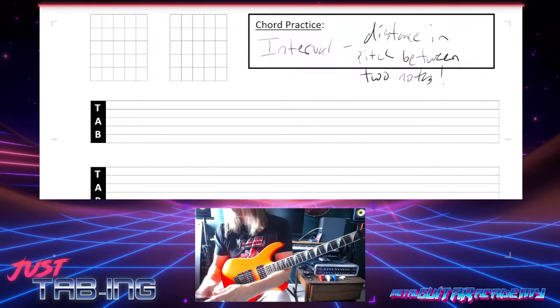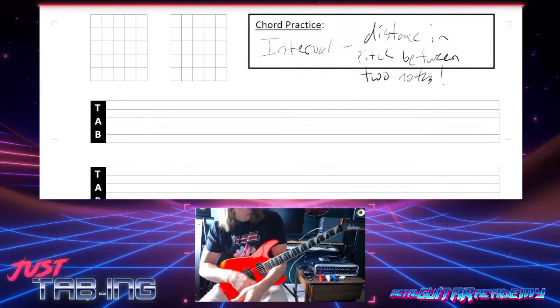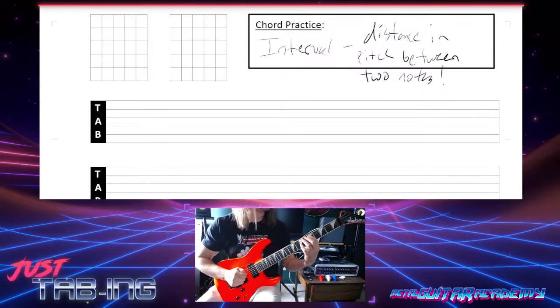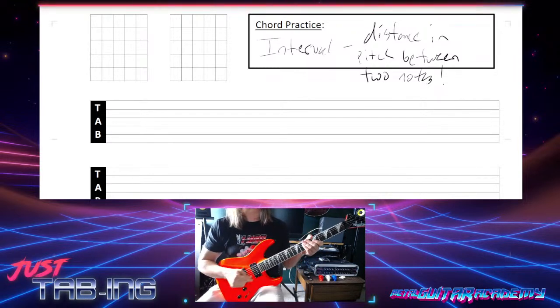That's it. So you could randomly play any two notes you want to on the guitar. That's a certain sound, that's a certain interval that has a name.